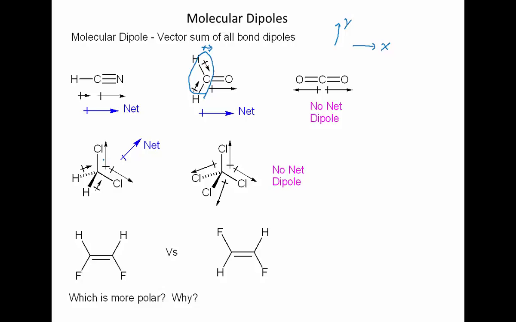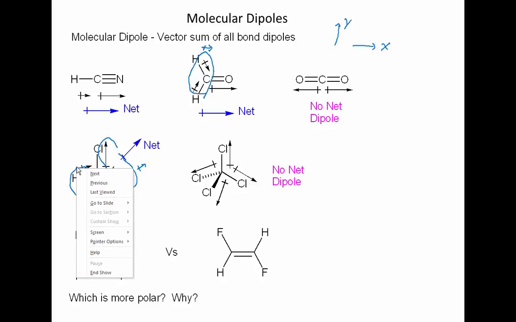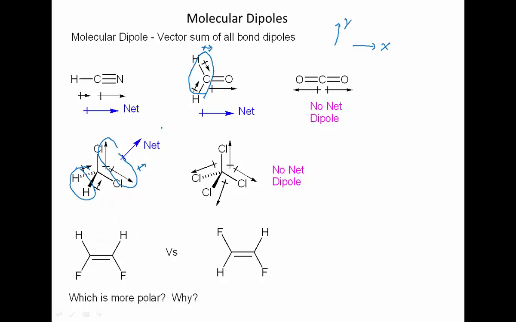You see with the two chlorines, a very strong dipole, pulling the chlorines all by themselves, send the dipole in that direction, but what we see here is that the hydrogens are also kind of sending the dipole in the same net direction. So we have a strong net dipole in the direction indicated.